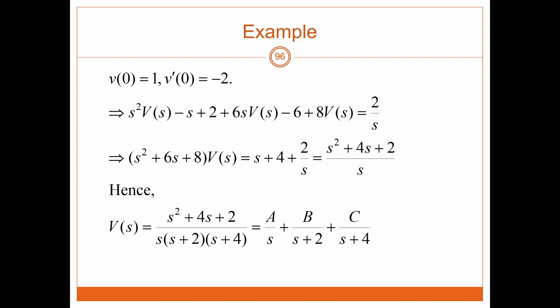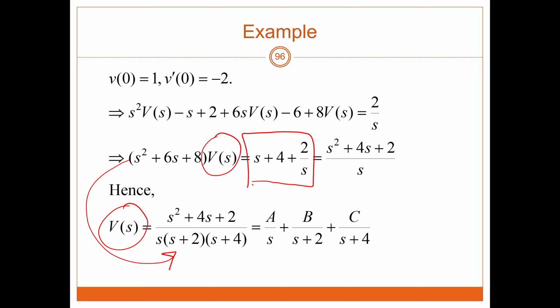Now we factorize vs and put the one without vs at the right side, and we simplify it, it becomes s squared plus 4s plus 2 divided by s. Now vs will become s squared plus 4s plus 2 divided by s, multiplied by s plus 2, multiplied by s plus 4. You just rearrange here, this one goes down.